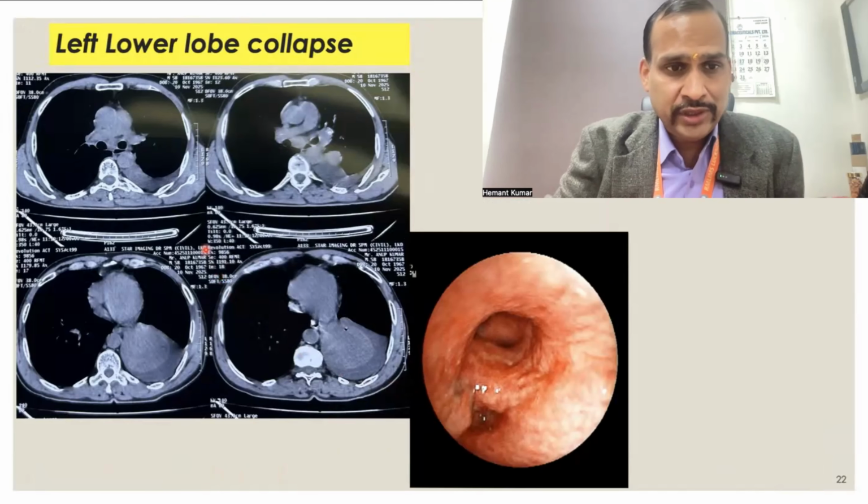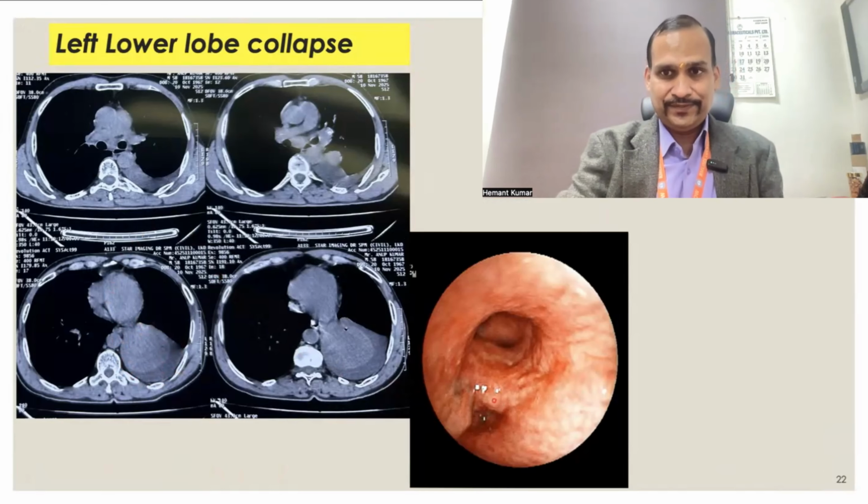When we did a CT scan, we found a smooth rounded opacity in the left lower lobe. So this is left lung collapse and this is pleural effusion. When we did bronchoscopy, we found complete obstruction of the left lower lobe.